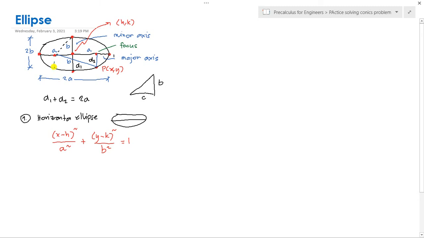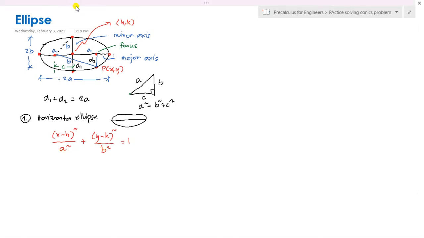The c is the distance from the center towards the focus. So therefore this is c, and automatic this is our a. So by Pythagorean, since this is a right triangle, we have the relationship a squared is equal to b squared plus c squared. So automatic a is greater than b.